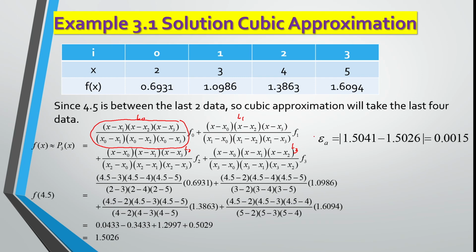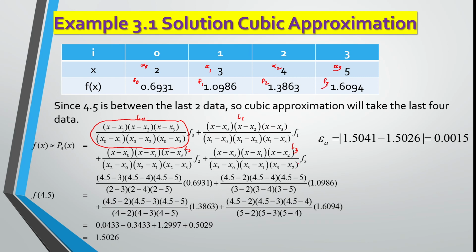So this is the formula, and then you just plug in x is 4.5, plug in the x0 value, this is x1, this is x2, this is x3. So this is your F0, F1, F2, F3. So plug in.